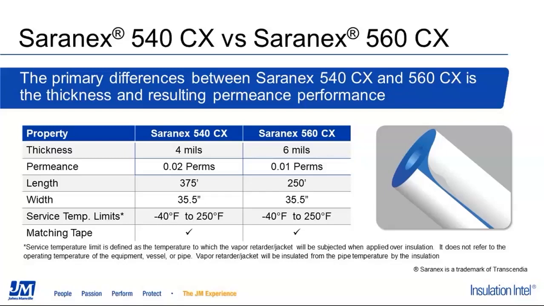The 560CX is used more often for much colder and more demanding applications like refrigeration, very cold, and even cryogenic applications like LNG pipes. Saran XDX film and tape meet the ASTM E84 flame spread and smoke developed rating of less than or equal to 25/50, and it can be, as already mentioned, factory applied.